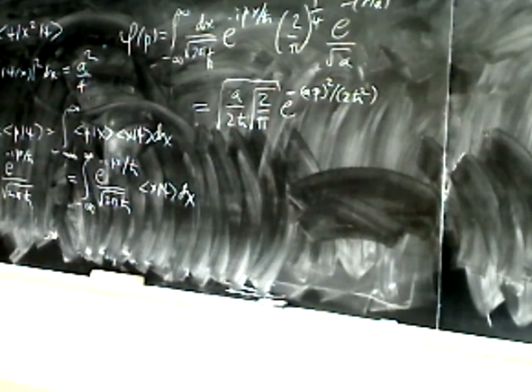That's always the case. A function and its Fourier transform have different properties. If one is big at the origin and small at infinity, the other one's small at the origin and big at infinity, and vice versa. They're complementary.